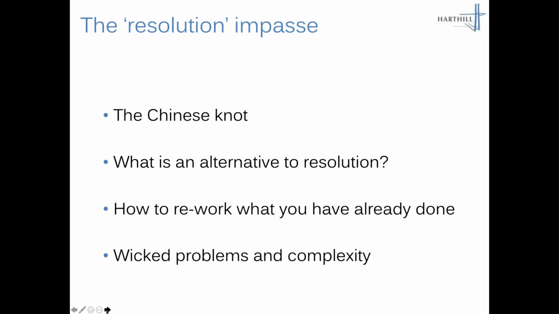But what's the alternative to resolution? If there's a theme that keeps coming around in your life or has come back and you don't know quite what to do with it, maybe it's frustrating because you think, I've dealt with this, what's going on? Well, there might be a developmental perspective that could be very powerful to bring to that. It in effect resolves the resolution impasse and allows you to get back into the real question, which is actually what's going on here?